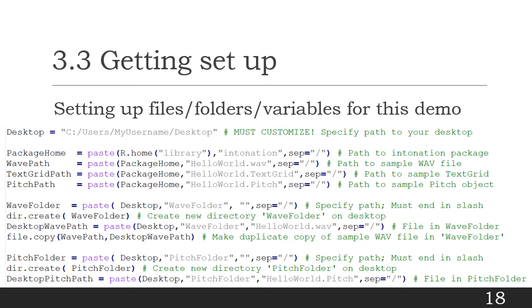After that, it specifies where the package home is, paths to the wave file, TextGrid, and Pitch object. Then it creates a folder on your desktop called wave folder, copies the hello world wave sound to that folder, and then it creates a folder on your desktop called pitch folder, and then it finds the path to that.